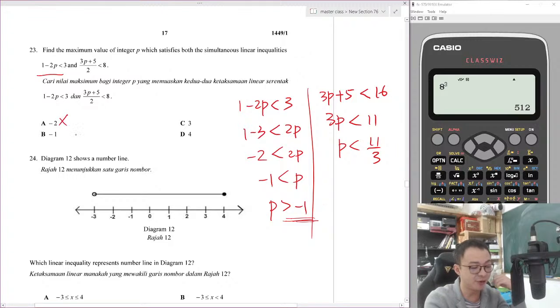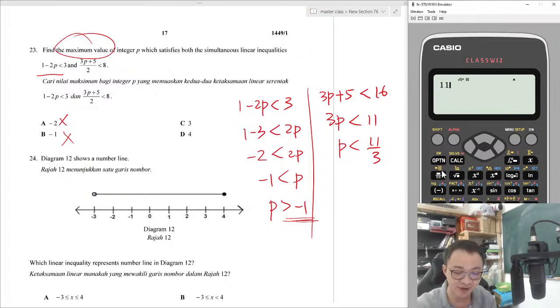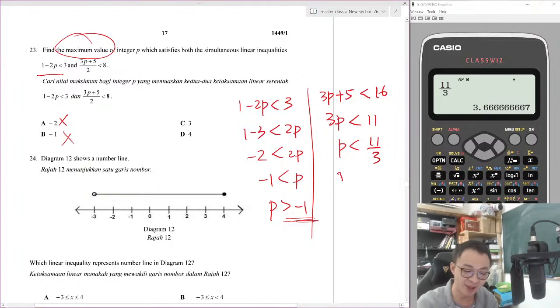It just tells you negative 2 cannot be used, and negative 1 also cannot be used. But what I care about is less than, because they ask about maximum value, so we pay attention to less than 11 over 3. I want to know what is the nearest integer. 3.6 something. So p must be less than 3.7. Therefore the maximum value we can take is 3, because 4 is more than it already.